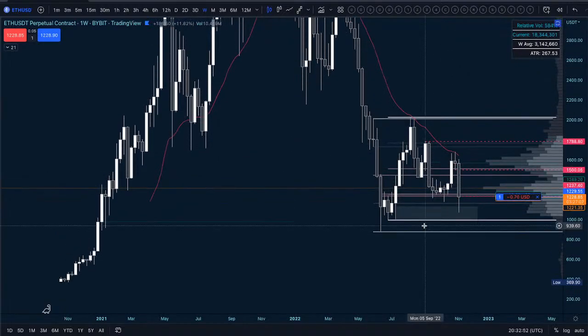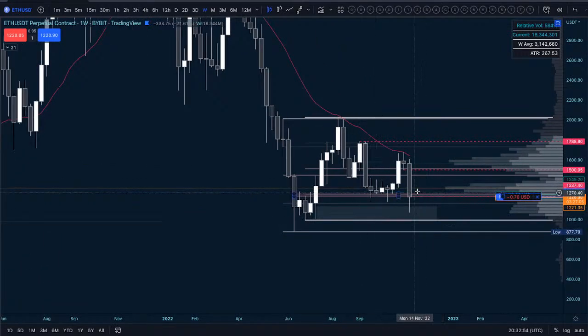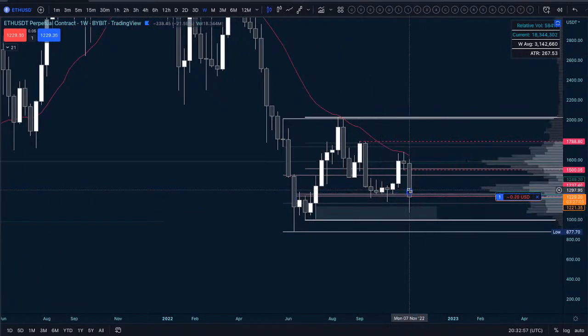If you look at it, and if it closes anywhere above here or same place, then I would say okay, ETH has protected the low and we may see some upside.